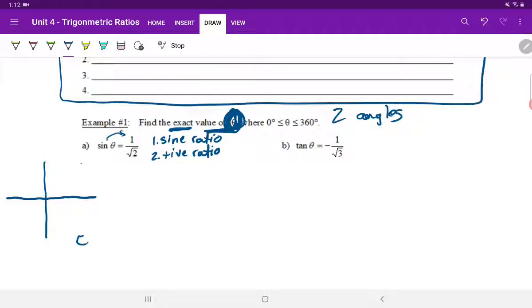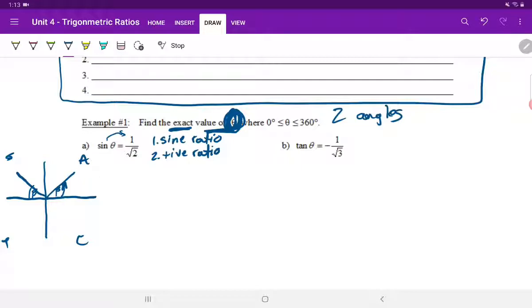Using the cast rule, which quadrants must I be in order to satisfy both of these? I must be here and I must be here. I know that these related acute angles will be identical, but in order to give my answer, I give the principal angles, not the related acute angles. All right, so I need to find this angle here.